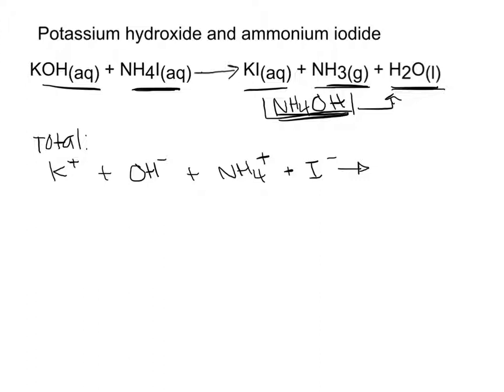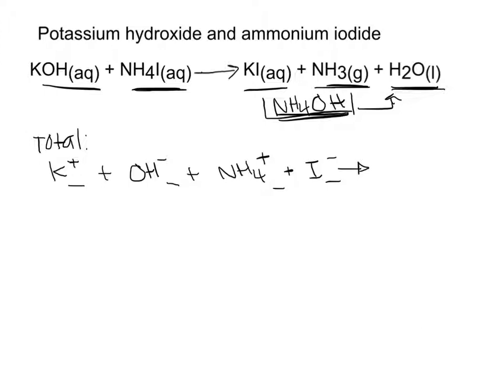Now these ions are all aqueous, but that's kind of implicit because they're in solution. So we're not going to worry too much about writing them. Just remember, if we had a gas on this side or a solid on this side, we would have to put the state of that molecule. We wouldn't be able to ignore it, okay?